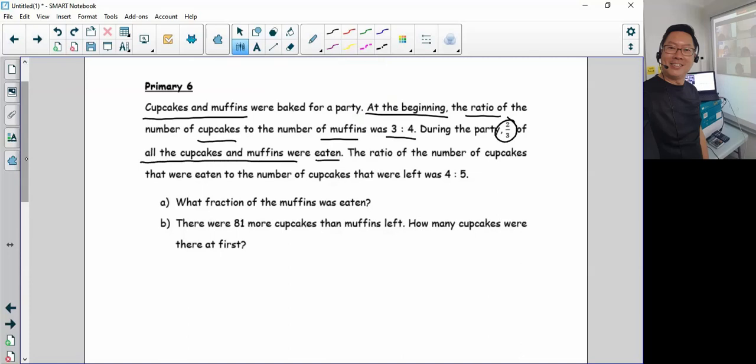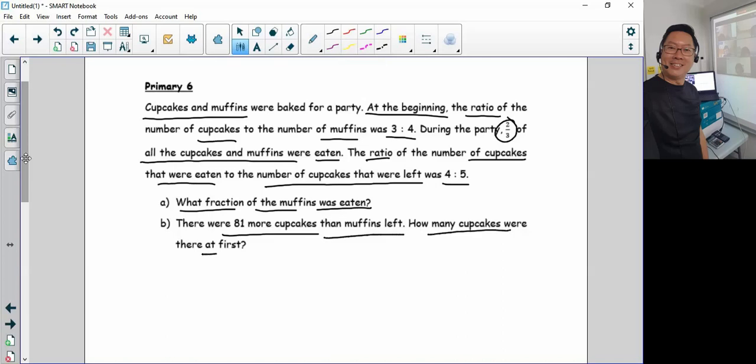The ratio of the cupcakes that were eaten to the cupcakes that were left was 4:5. I think most of us are lost already, don't know how to start solving. What fraction of the muffins was eaten? And there were 81 more cupcakes than muffins left. How many cupcakes were there at first?